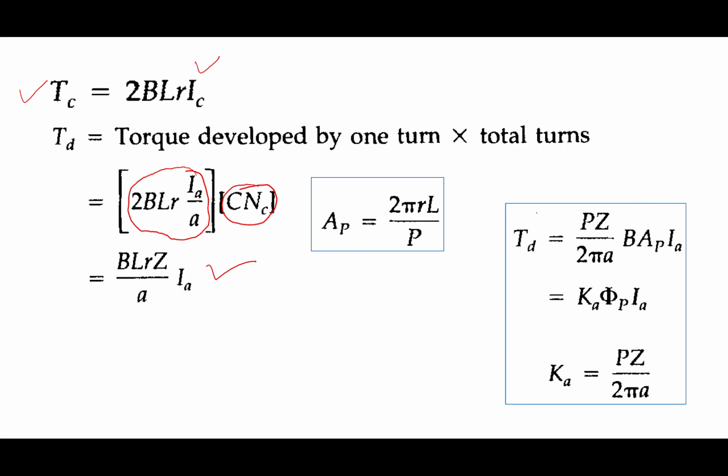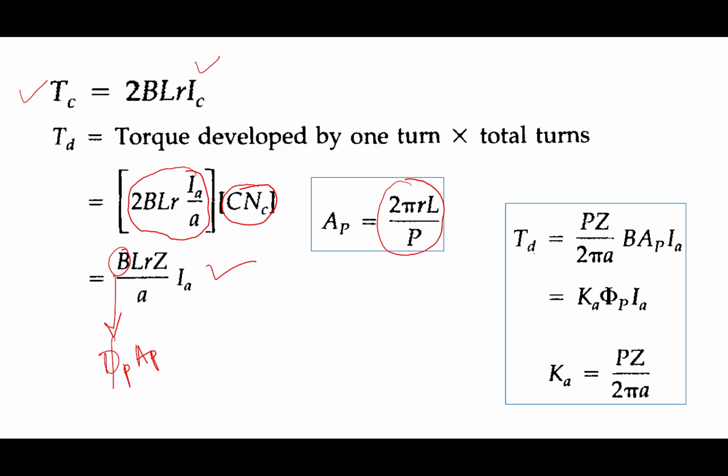Now I can substitute, instead of B, phi P into A. Phi P is your flux per pole and AP is your surface area of each pole. The surface area of each pole is 2 pi RL by P, which I can substitute here.